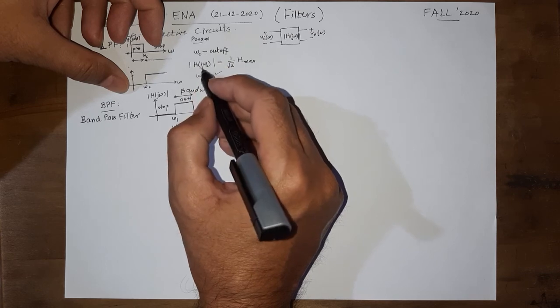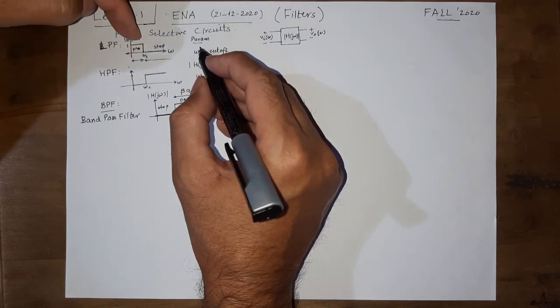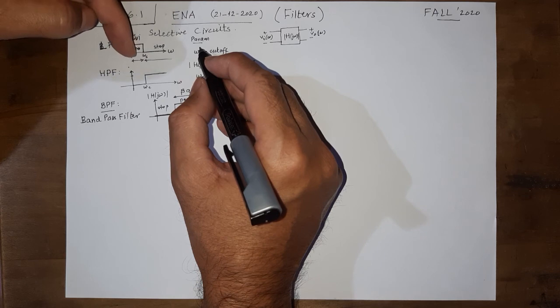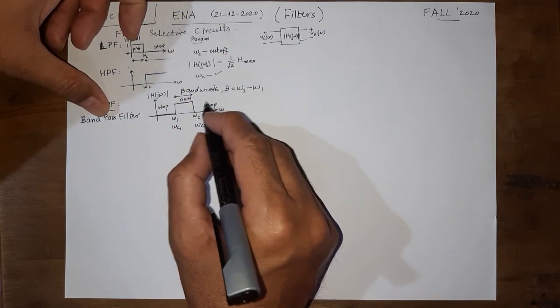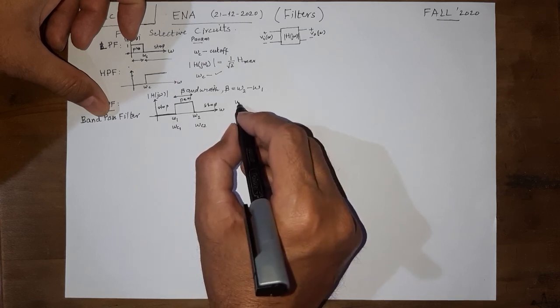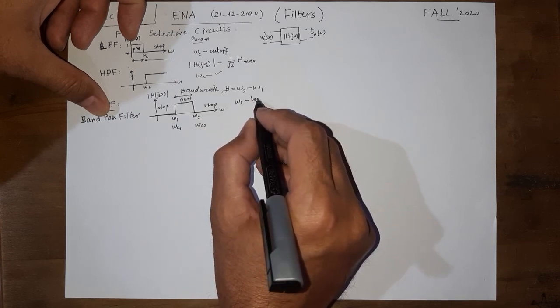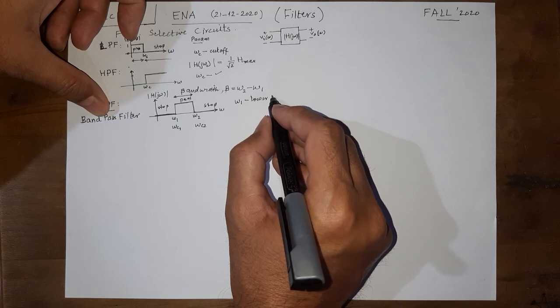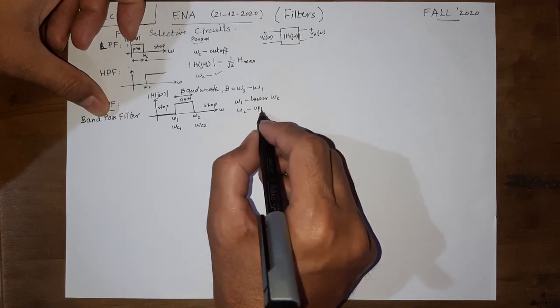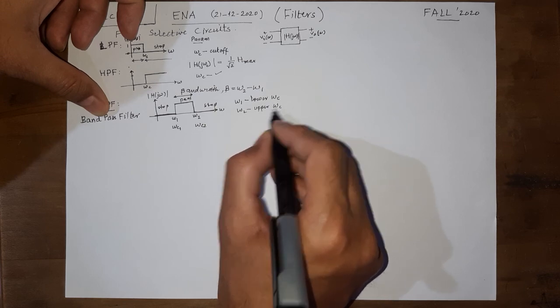We can see there are several parameters that are of interest here. While for the other filters the cutoff frequency and maybe the value of the magnitude response in the pass band may be a parameter, here we have several parameters. For example, we have two cutoff frequencies. Omega 1 is the lower cutoff frequency and omega 2 is the upper cutoff frequency.